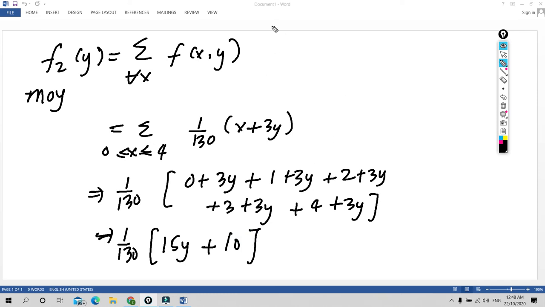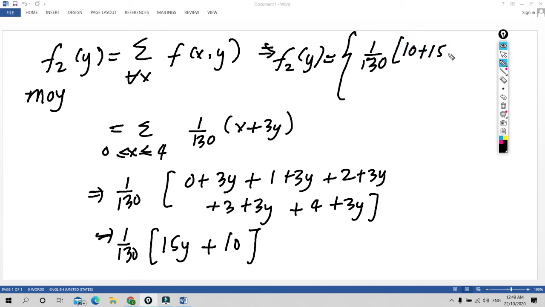So the proper way of writing this is the marginal function f sub 2 of y equal to 1 over 130 times (15y plus 10), or 10 plus 15y, for y in between 0 and 3, and 0 elsewhere.